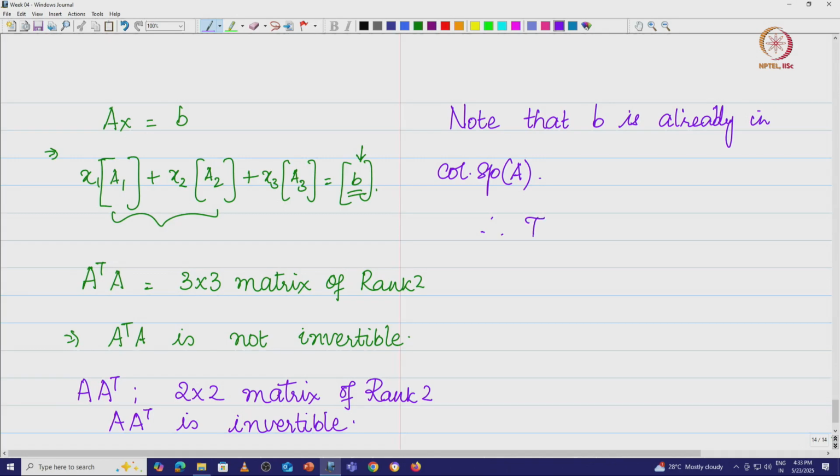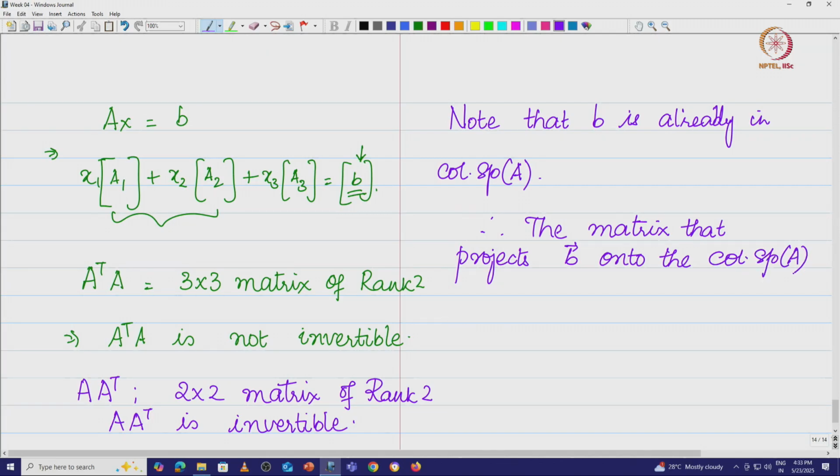Therefore, the matrix that projects B onto the column space of A is the identity matrix, the 2 by 2 identity matrix itself.